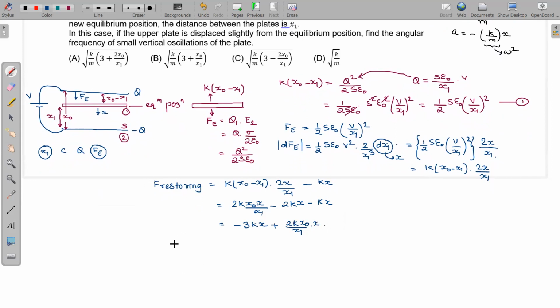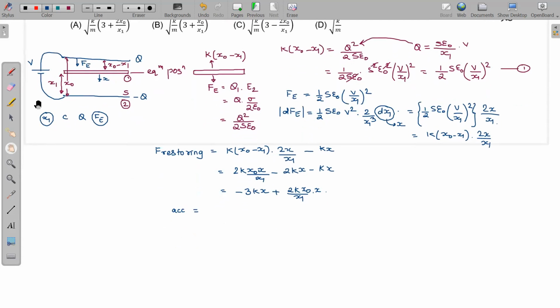So if this is the restoring force, what is the acceleration produced due to this small displacement in the plate? I can write acceleration will be simply restoring force divided by the mass of this plate. So if I take minus of k by m as common, I'll be left with (3 minus 2 x naught by x1) times x. So you can see that we are getting the acceleration as proportional to the displacement that we have given to this upper plate.